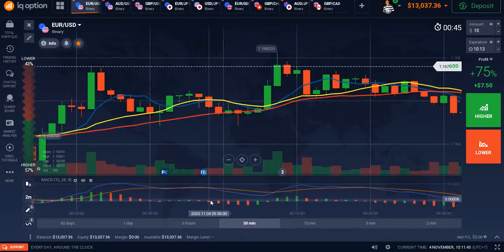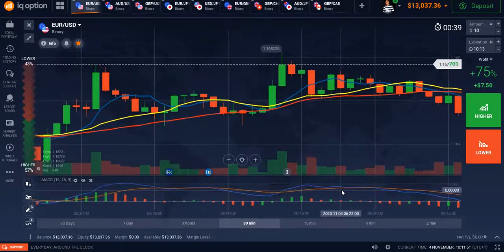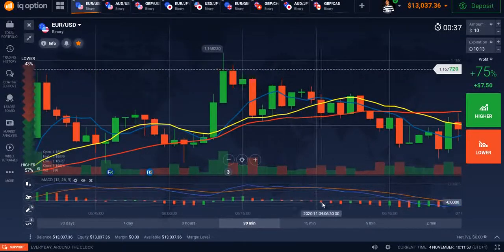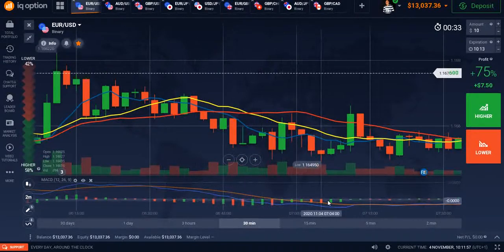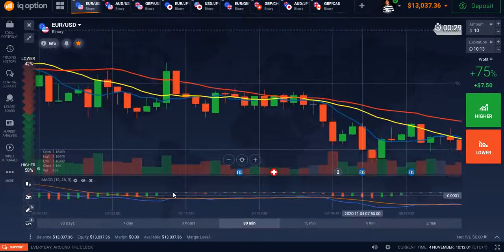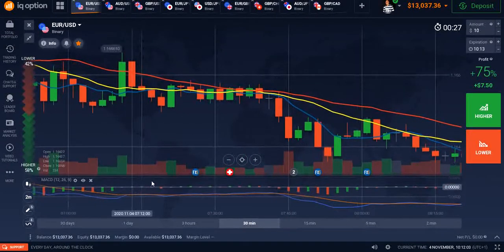Later it went back down a little bit, then back up again, then went back down again, and this down was very long, and it went into consolidation again. Like the market is very unconvinced at this time. That's what I meant by consolidation.